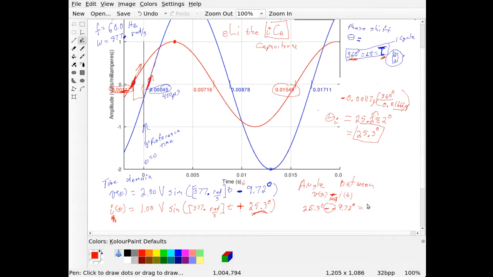And so it's actually going to be 35 degrees. So the phase angle between the voltage and the current is 35 degrees.